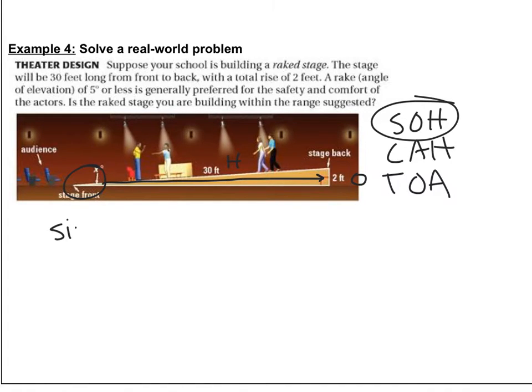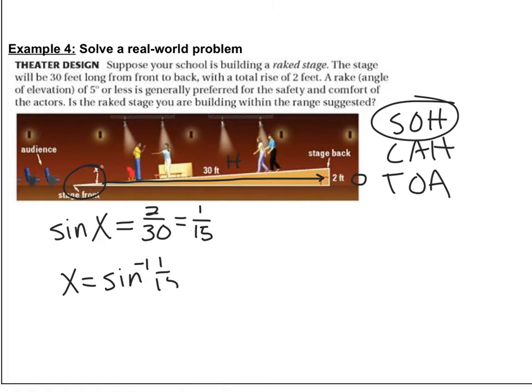So the sine of x is equal to opposite over hypotenuse, 2 over 30, or we'll call that 1 over 15. Remember, to find an angle measure, we are now going to take the inverse function, in this case the inverse of sine, onto both sides.